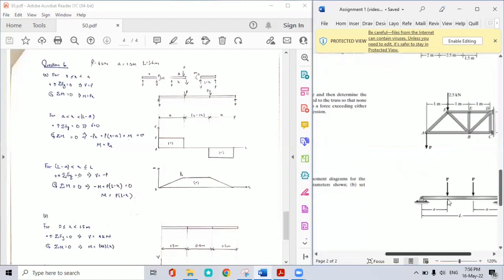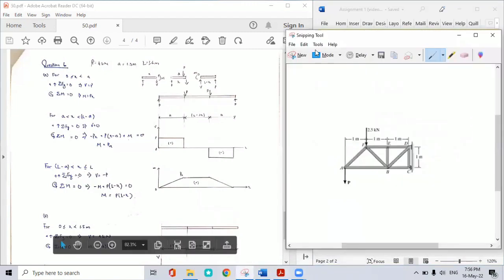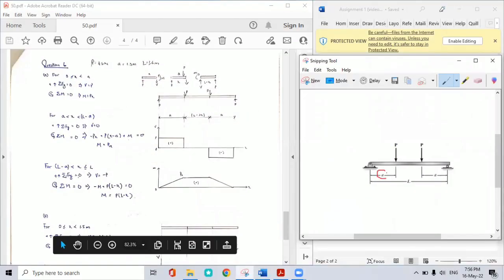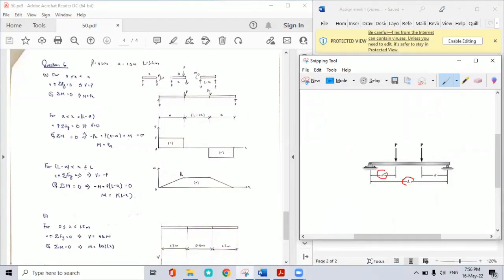Okay, let's take a look right here. The length right here is A, the length right here is L, and the length in the middle is L minus 2A, right? And here we have A.